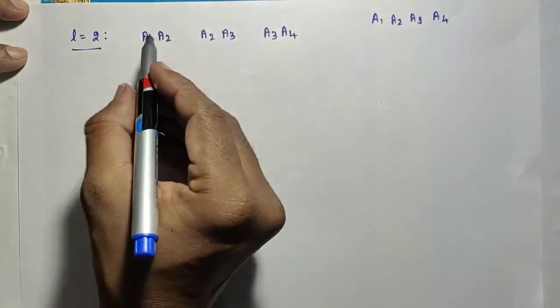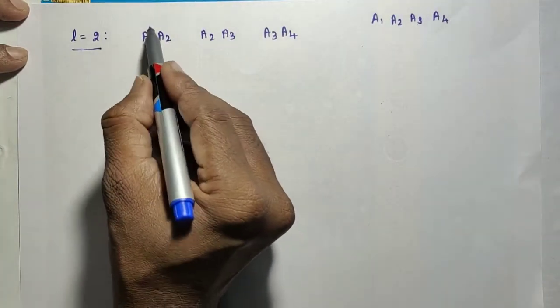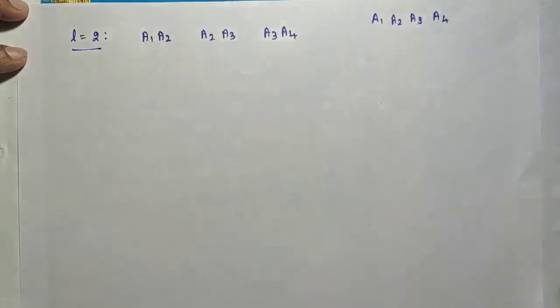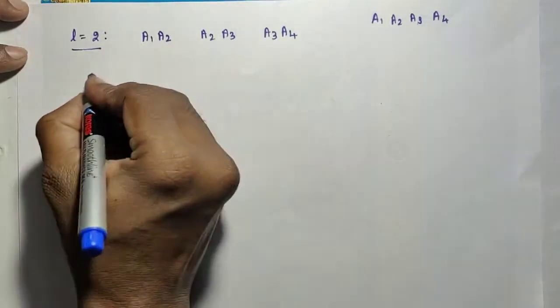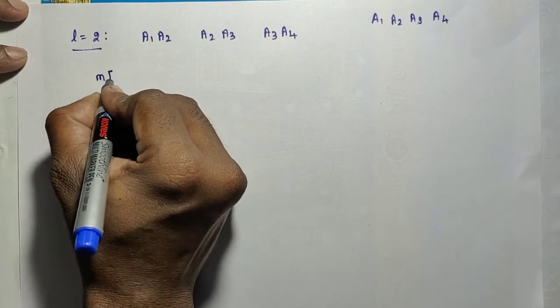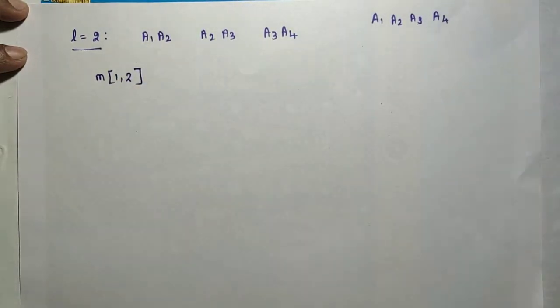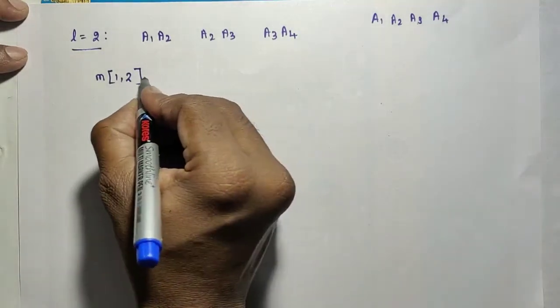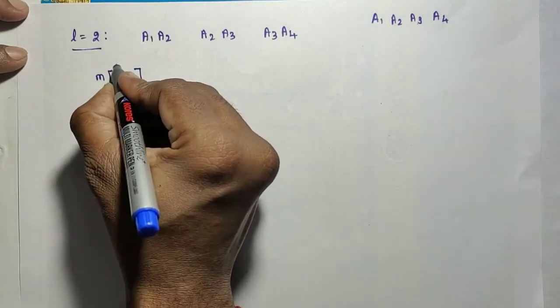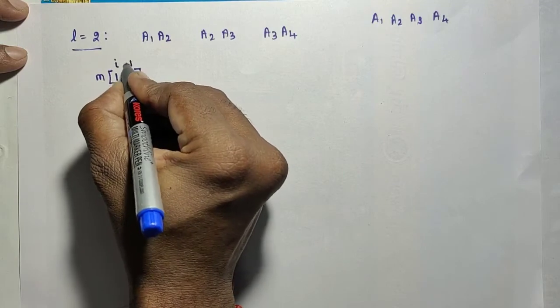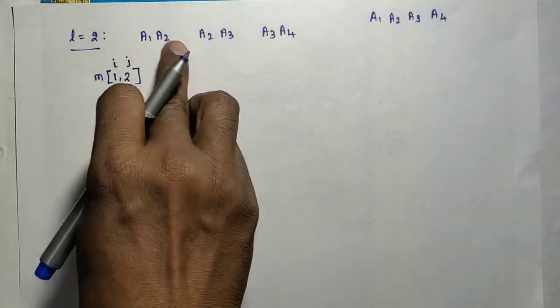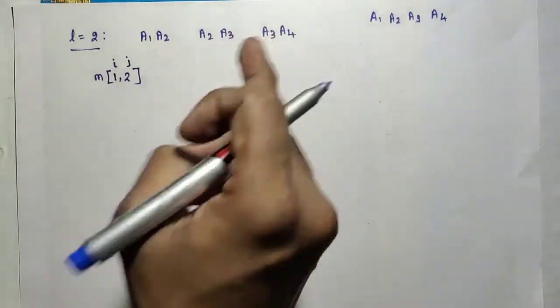So what are the multiplications needed for multiplying these two matrices? It is nothing but M of 1, 2. The only possibility is K equal to 1. This is I here and this is J. So you see 1, 2, 2, 3 and 3, 4.